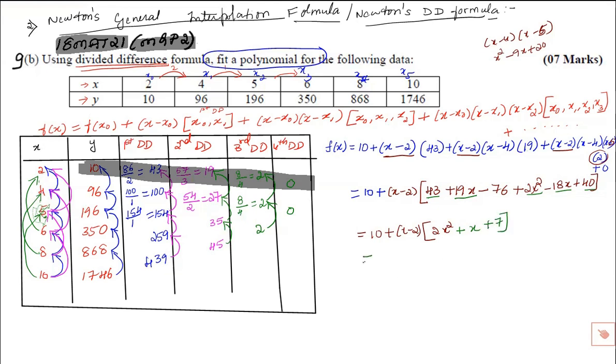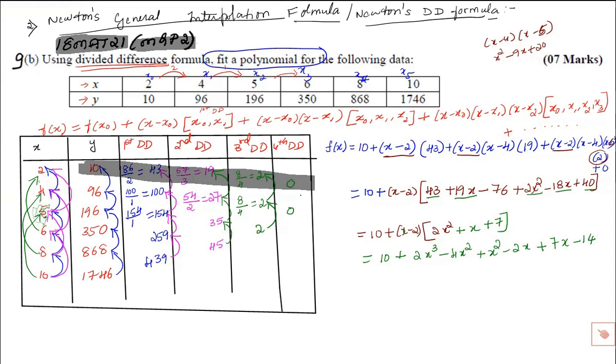Next, multiply by x minus 2 here, so 10 plus 2x square into x, that is 2x cube, minus 4x square, multiply by x, that you will get x square minus 2x, multiply by 7, so you will get 7x minus 14.